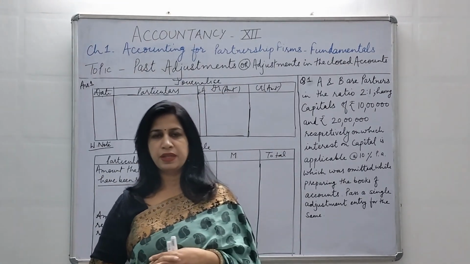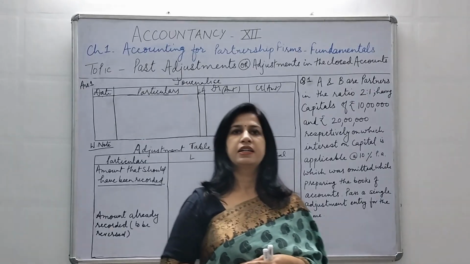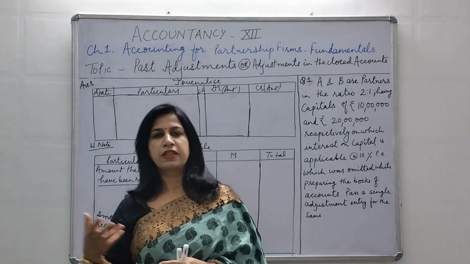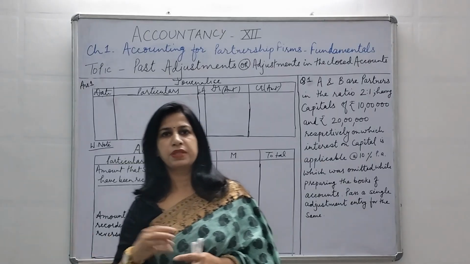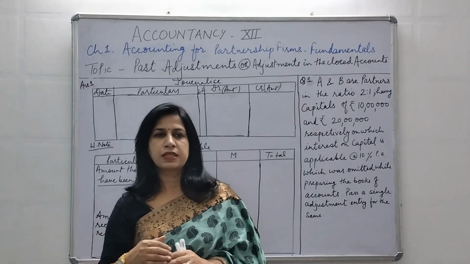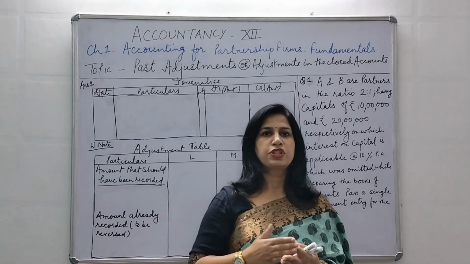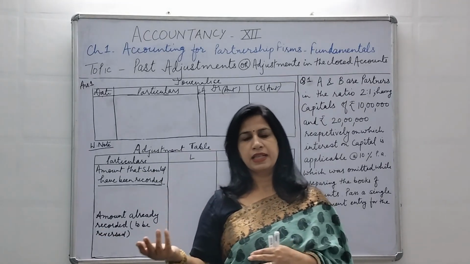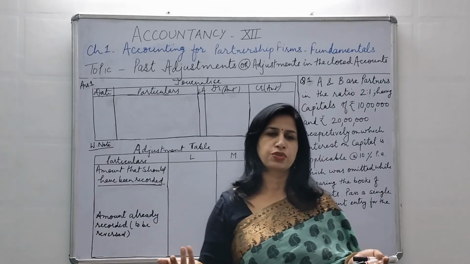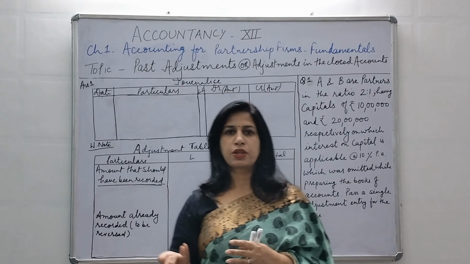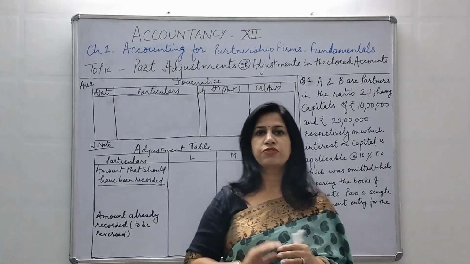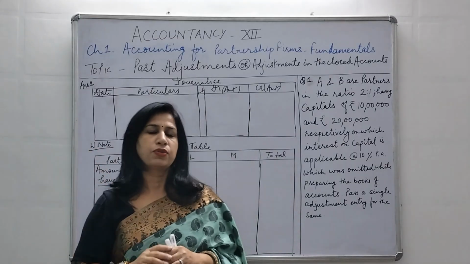So basically what is happening here is that the partners are discovering that in the books of accounts they prepared, something is missing which was to be done, or something has been done wrongly. Sometimes it may happen that the profit sharing ratio was something else, but by mistake they distributed profit in a different ratio, or interest on capital, which was supposed to be given, they have not given, or they have charged it at a higher or lower rate.